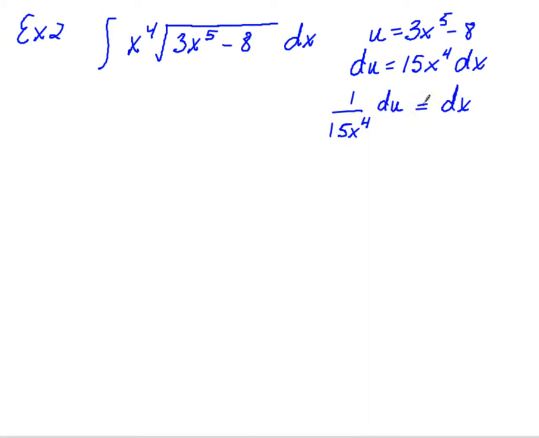You could here decide to write du over 15x to the fourth. That's acceptable as well. At this point I'm going to pause a little bit, and you might want to pause the video. I want you to try to take that information that you have here, substitute into the original problem, and see what you get.